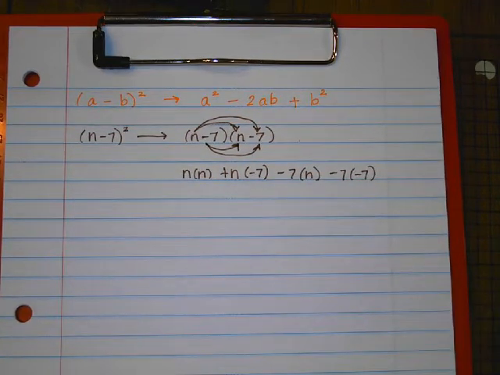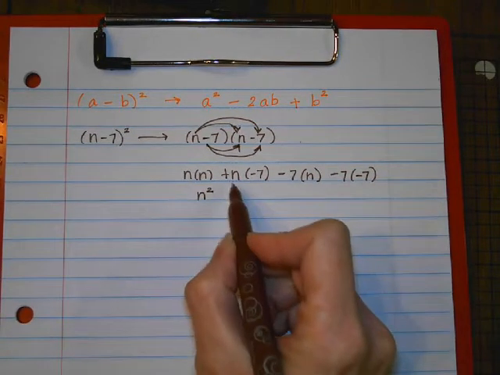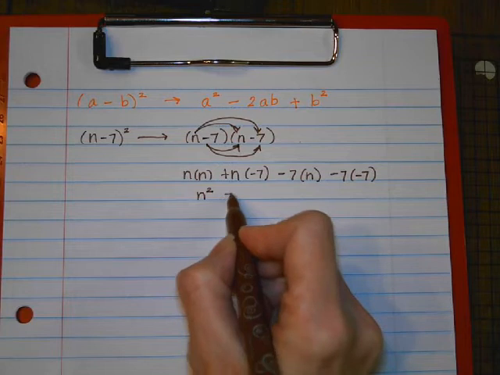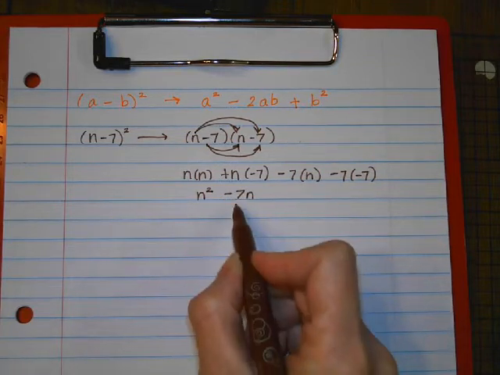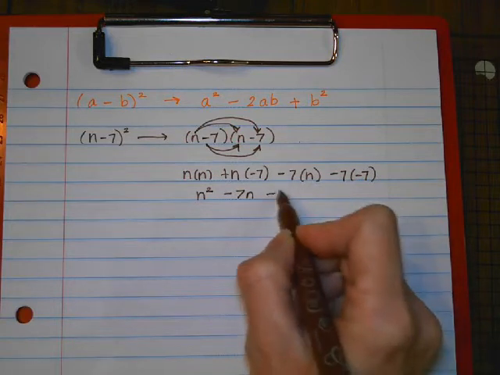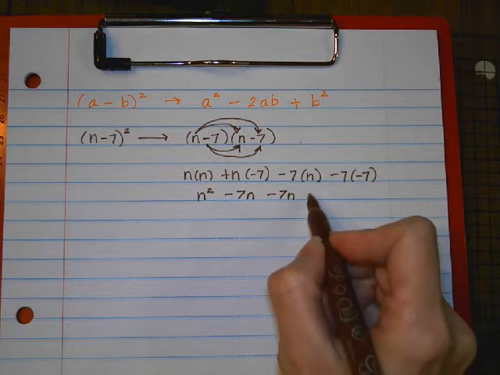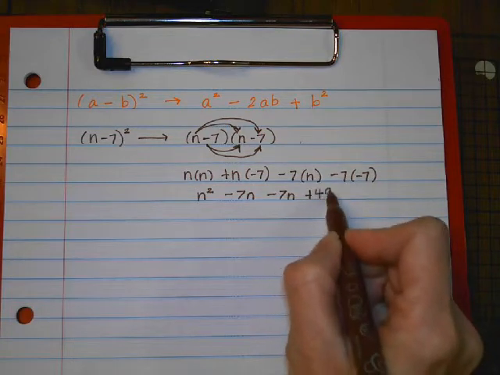So here we go. N times n is n squared. N times negative 7 is negative 7n. Remember, the coefficient comes first, then the variable. Negative 7 times n is negative 7n. And negative 7 times negative 7 is a positive 49.